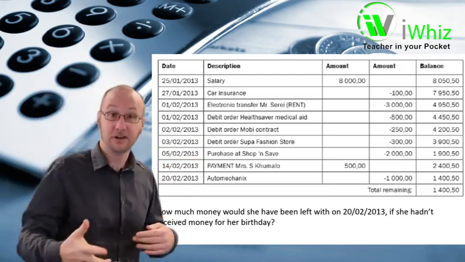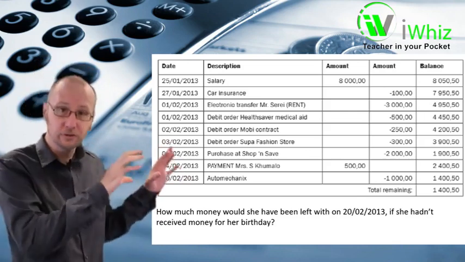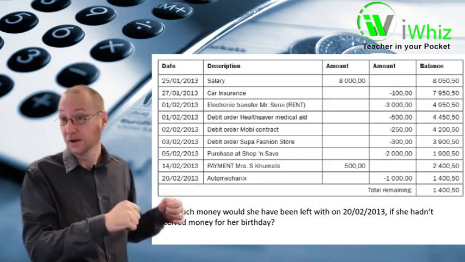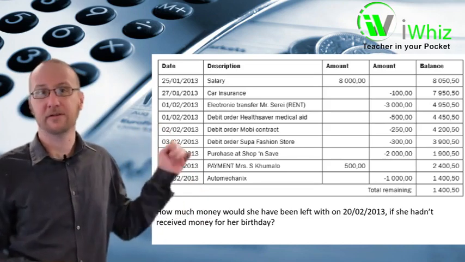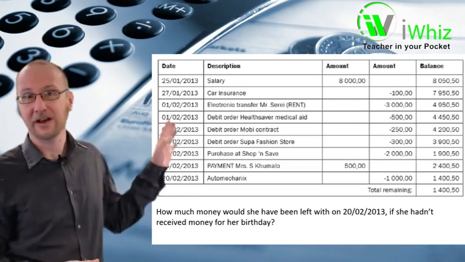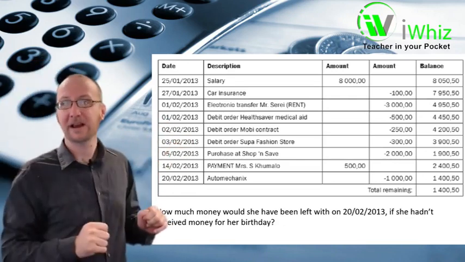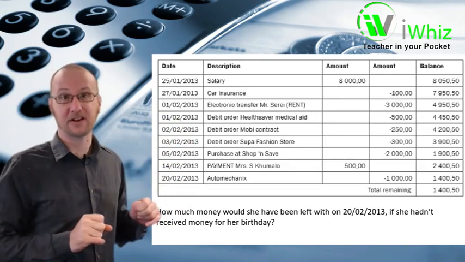That's after she has received the birthday money. So let's pretend that she didn't receive that birthday money. How much money would she have in her account then? Well, it's easy to work out. We just go 1,450 Rand and 50 cents minus 500 Rand, and that leaves me with 900 Rand and 50 cents.